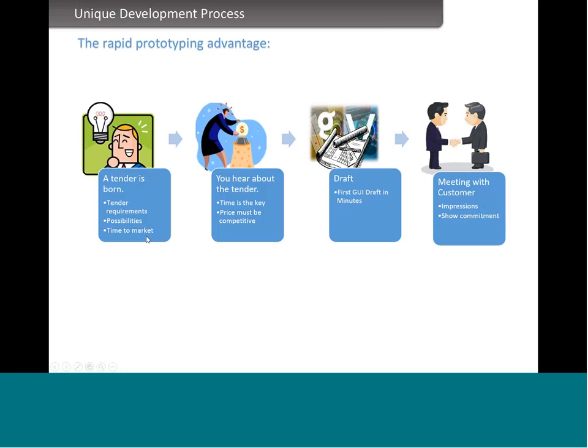Time to market is important for every customer. So when you hear about this idea and you want to win this tender, your success will depend on the time you need until you can serve the customer well. So time is the key, but you also always need to be competitive with your price.